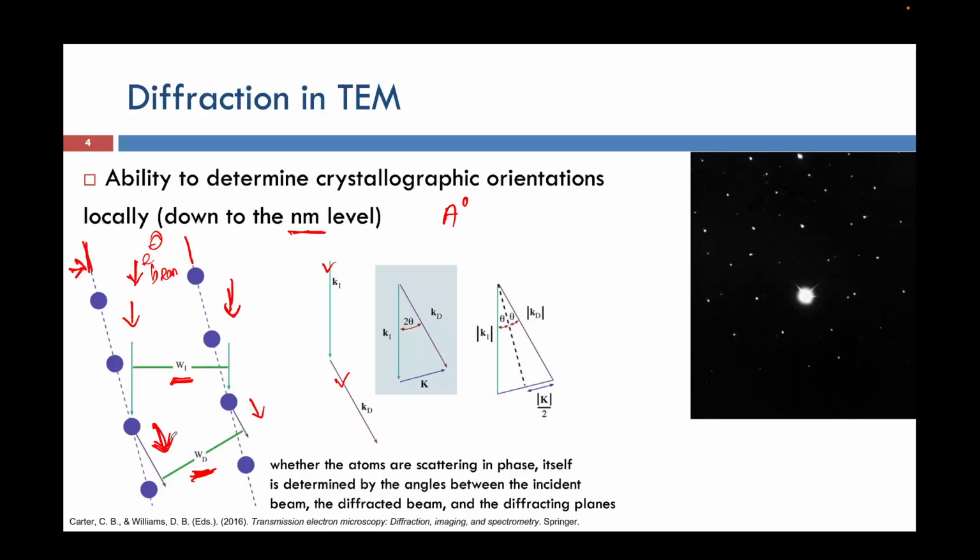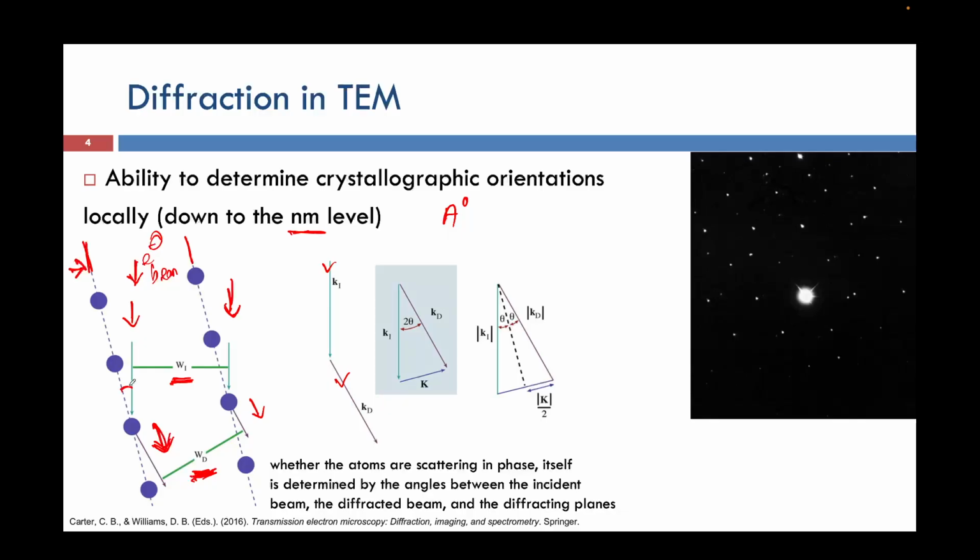After scattering, if it is observing the rule of diffraction, then these are the wd wavefronts. Whether the atoms are scattering in phase depends on the angles between the incident beam and the diffracted beam.